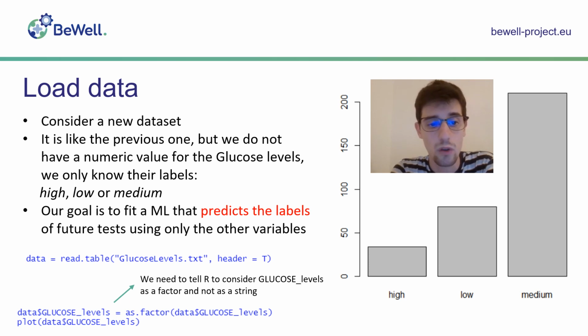Firstly, we want to load the data and produce a bar plot with the absolute frequencies of such labels. This is simply done using the plot function with the name of the desired variable, after noticing that we first need to cast the variable of interest as a factor.